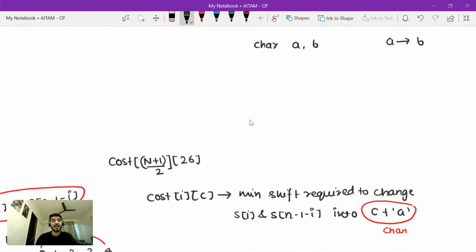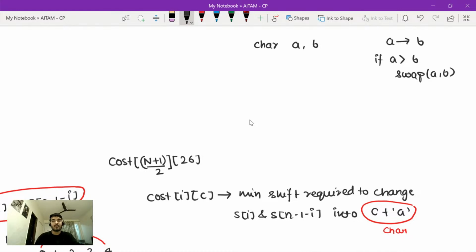So I have two paths. Either I apply a left shift, or I apply a right shift, and whichever requires the minimum shift will be my answer. Without loss of generality, I am assuming that the ASCII value of b is greater than the ASCII value of a, and if a was greater than b, then just simply swap a and b.